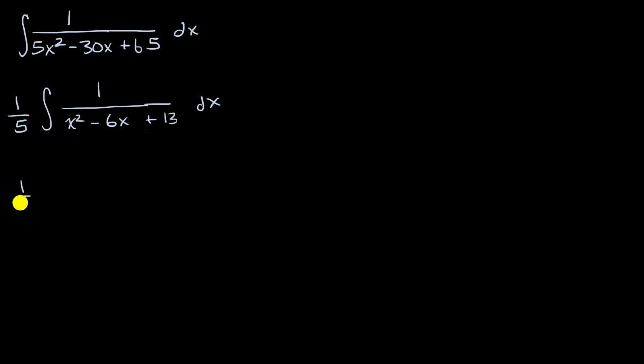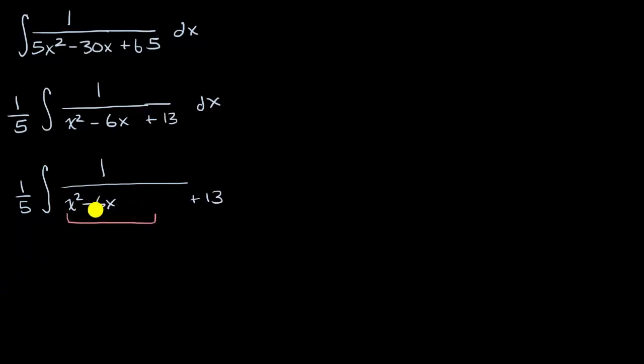So let me rewrite it. This is equal to 1/5 times the integral of 1 over x squared minus 6x. It's clearly not a perfect square the way it's written. Let me write this plus 13 out here. Now, what could I add, and then I'm going to have to subtract if I don't want to change the value of the denominator, in order to make this part a perfect square?